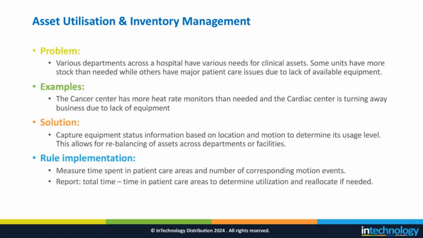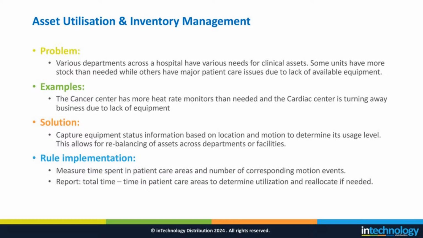So when we talk about asset utilization and inventory management, we're going to touch on four pieces here. We're going to touch on the problem. Various departments across the hospital need to find critical assets. Some of the units may have more than they should, or more than their allocated amount.